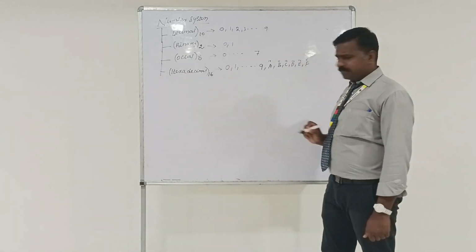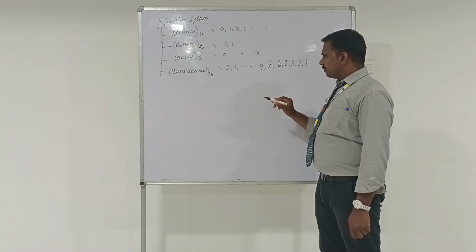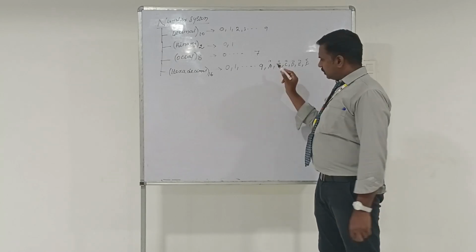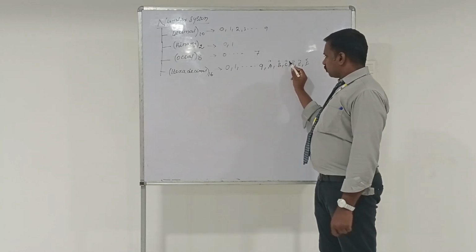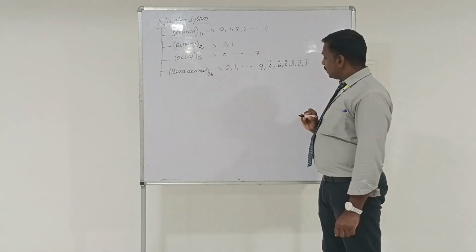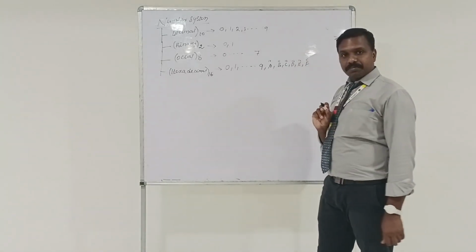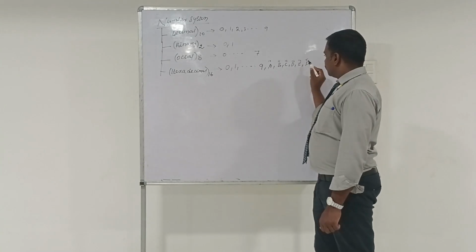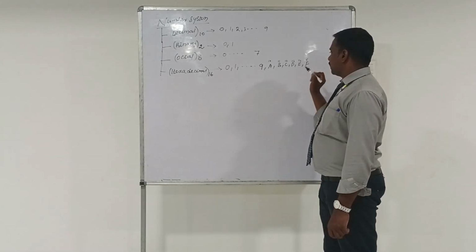In hexadecimal, 10 is represented as A, 11 is represented as B, 12 is represented as C, 13 is represented as D, 14 is represented as E, and 15 is represented as F.